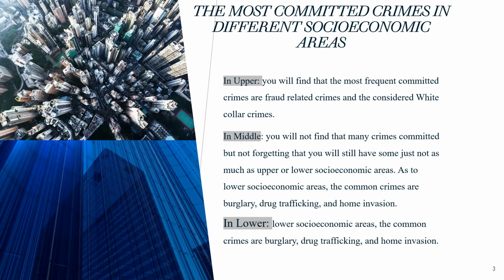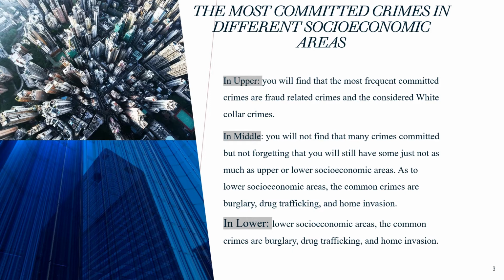In these three different types of socioeconomic areas, there are also crimes being committed. In upper class, you will find that the most frequently committed crimes are fraud related crimes that are also considered white collar crimes.